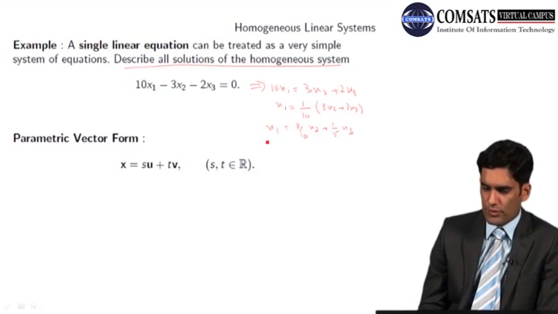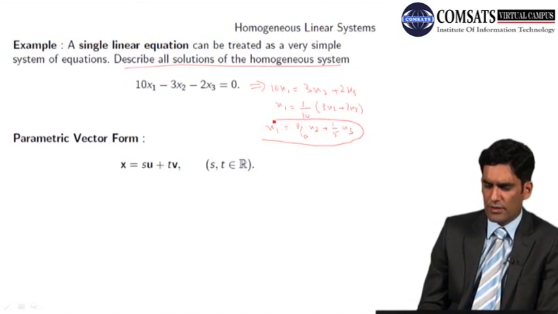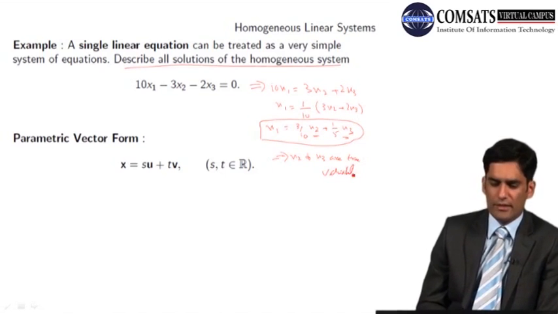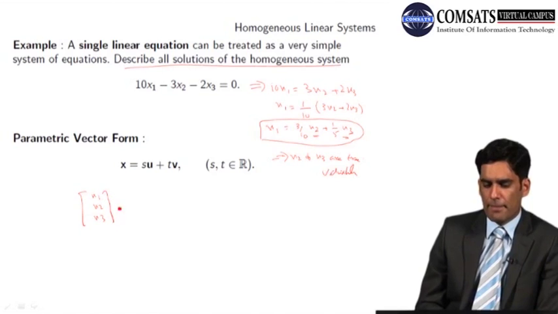This solution gives the values of x1 by giving values of x2 and x3. So my conclusion is that x2 and x3 are free variables. If I have to write down the solution of this system in vector form, then I will write x1, x2, x3 as my free variables times vectors, plus x3 times another vector.